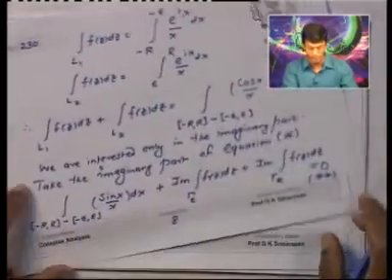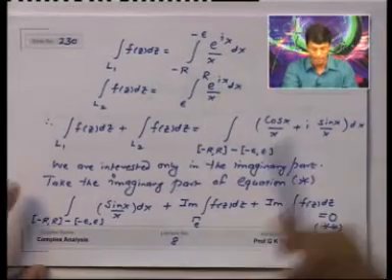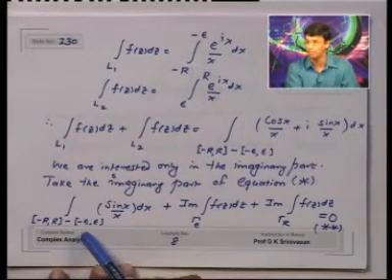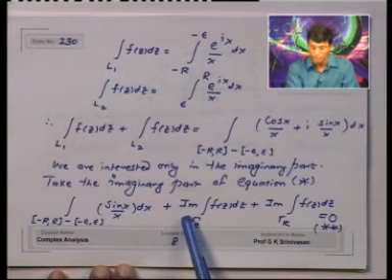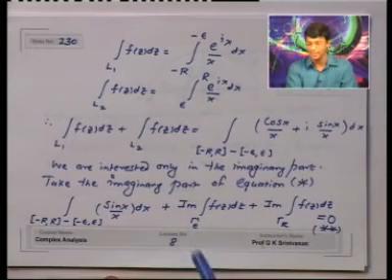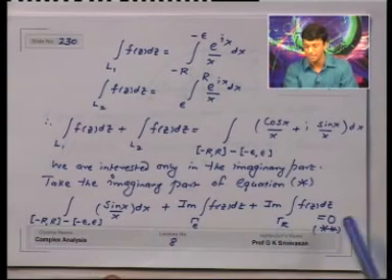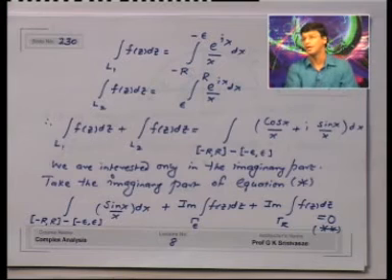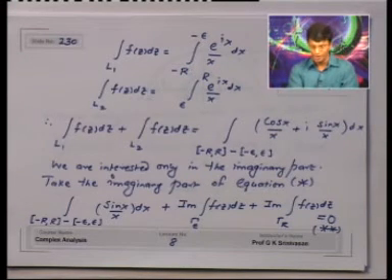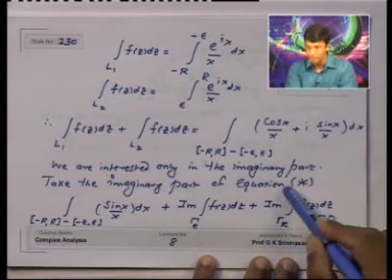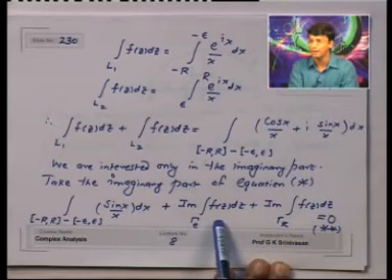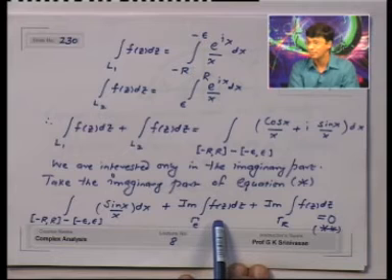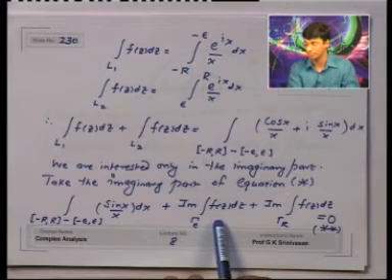So, you will get the imaginary part, which is the integral from minus r to minus epsilon and epsilon to r of sin x upon x dx, plus the imaginary part of the integral of f z dz over gamma epsilon, plus the imaginary part of the integral of f z dz over gamma r, equal to 0, correct. Now, we will have to show that the limit of this as r tends to infinity is 0, and we have to calculate the limit of this as epsilon goes to 0, all right.